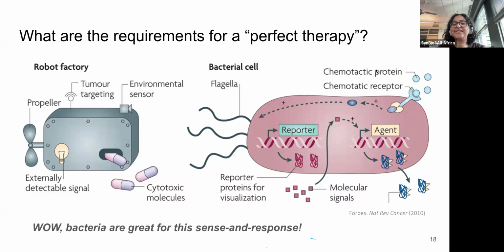They have chemotaxis receptors, which is something that someone mentioned in response to the previous question, which basically allows them to motorize their flagella and move towards the environments that they're responding to. And again, they have all of this machinery to produce all of these important molecules to then kill off the cancer. And so, wow, bacteria are really great for sense and response.